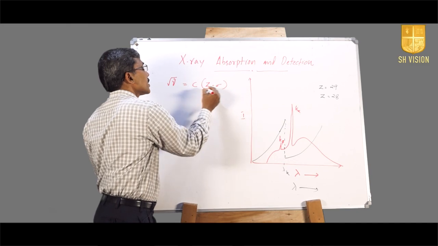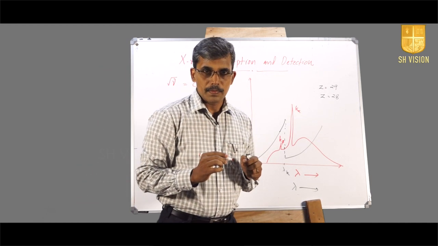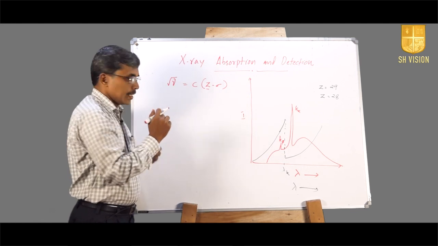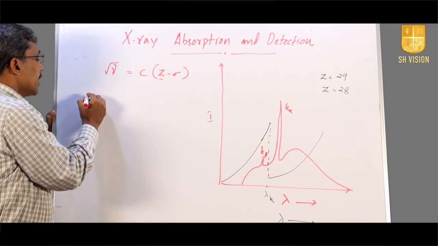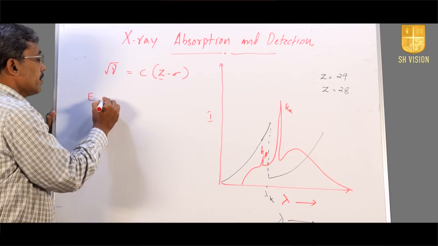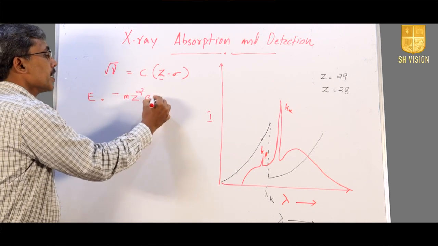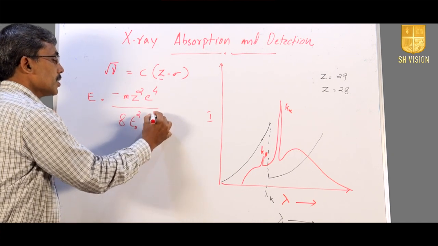So here √ν = C(Z − σ), where Z is the atomic number and C and σ are constants. If we carefully analyze this Moseley's law, it comes from the Bohr atom model. In the Bohr atom model, the energy of the nth orbit is given by E = −mZ²e⁴/(8ε0²n²h²).